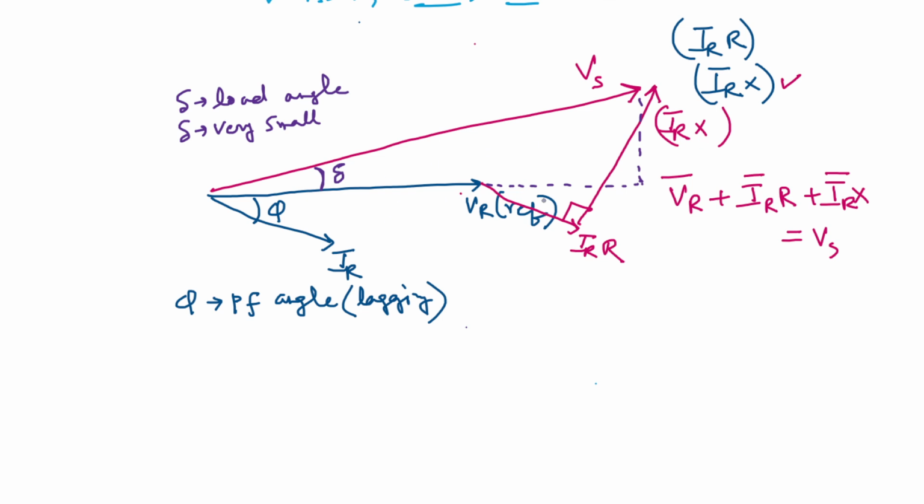So if this is O and this point is A, and this point is A dash, then OA is nearly equal to OA dash, for delta is small.